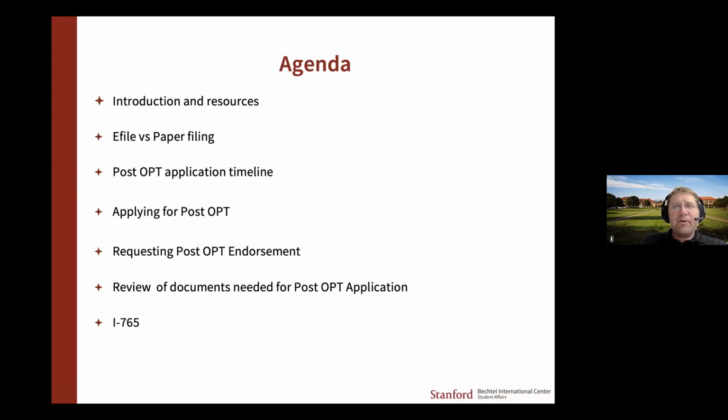We'll talk about your post-OPT application timeline as a summer graduate. And then we'll drill down into applying for post-OPT, requesting the post-OPT endorsement, which some of you may have already done. And then we'll review the documents needed for your post-OPT application and drill down into the I-765 itself.